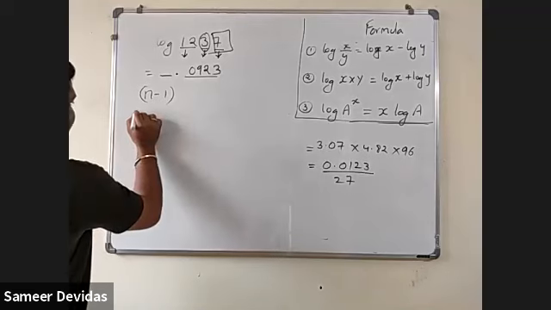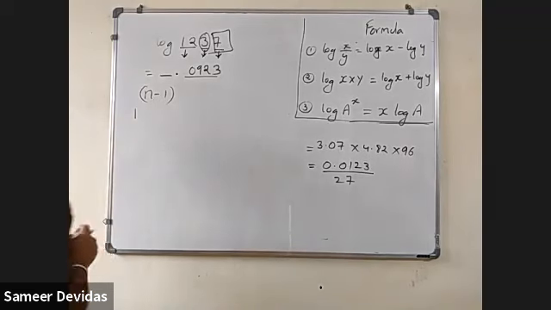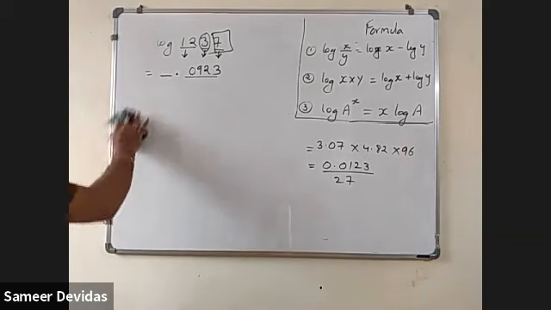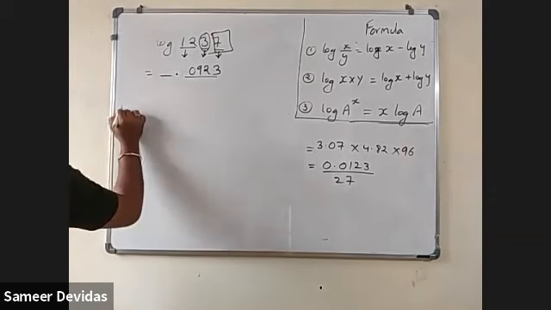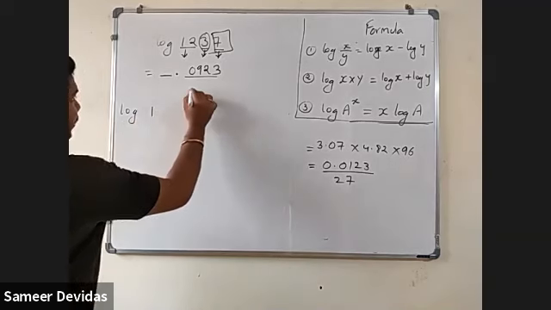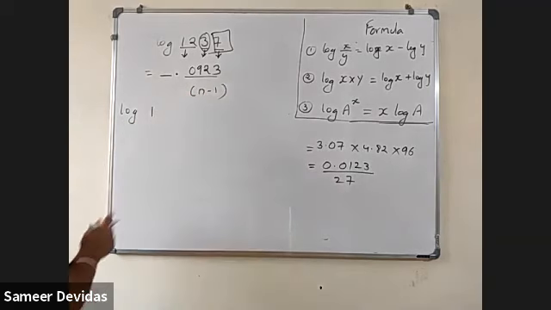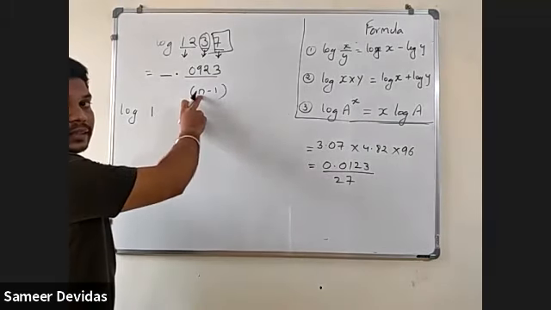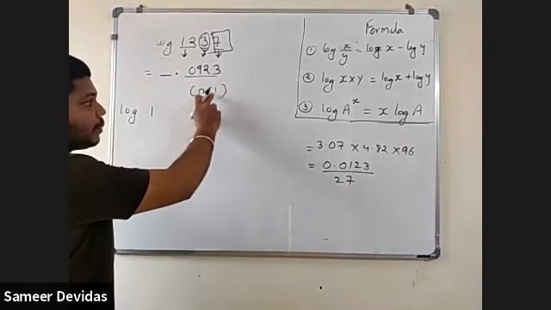Now see here. Suppose 1 is the number. 1 means log 1, like this the number is there. What is the formula I have told? N minus 1. So log 1 is there. The whole number count is what? 1. So you consider 1 as N. So N minus 1 is what?